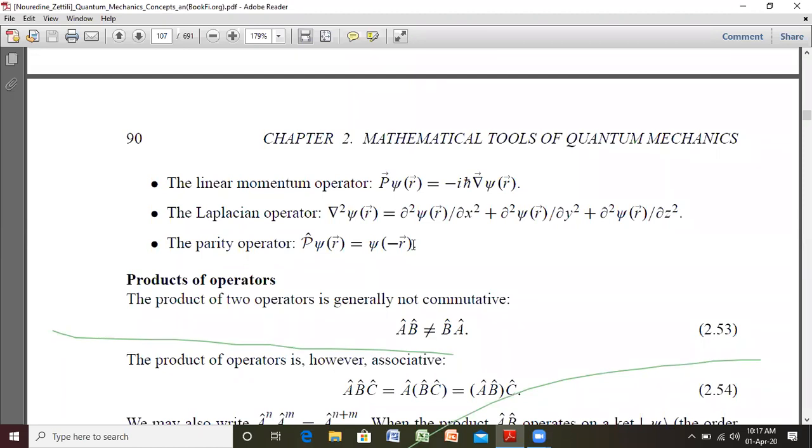In classical mechanics, we have dynamical variables: position, momentum, angular momentum, kinetic energy, potential energy, total energy. These are the famous list of dynamical variables in classical mechanics.